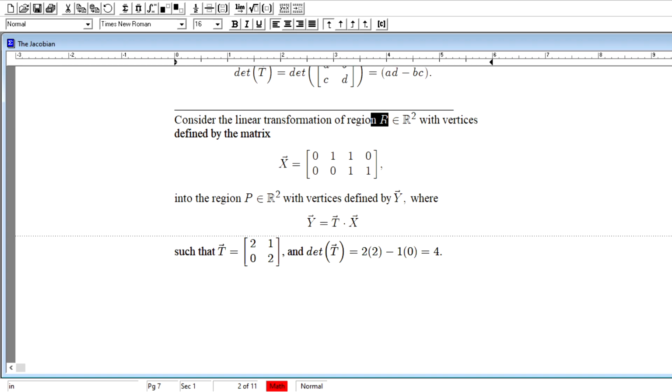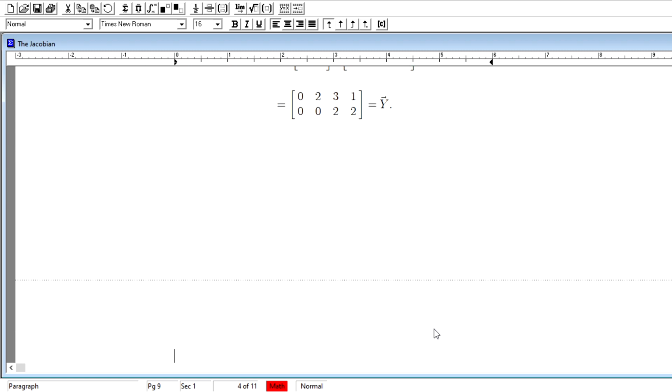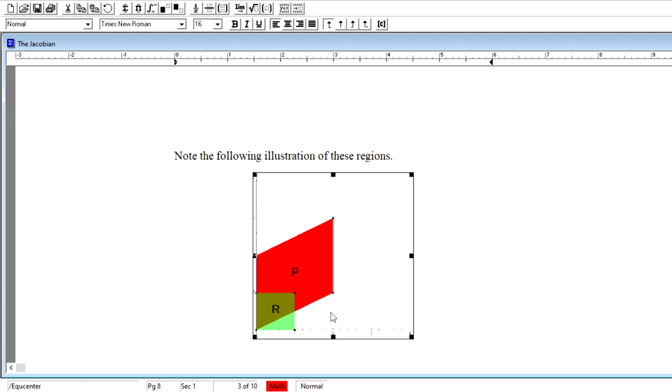If we think of a pictorial description, let me bring this up. Let me bring this copy up this way.